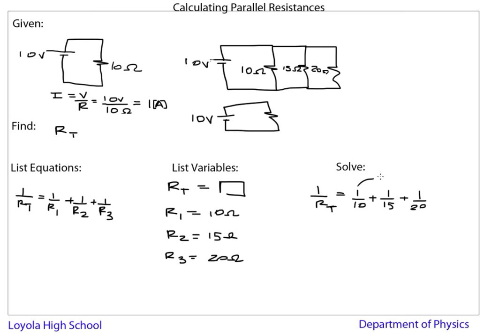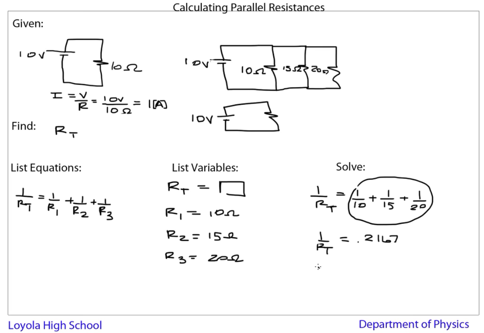So I'm going to do the math and figure out what number that is right there. So if I take 1/10 and take 1/15 and take 1/20, you should get 0.2167. That's 1 over R total.